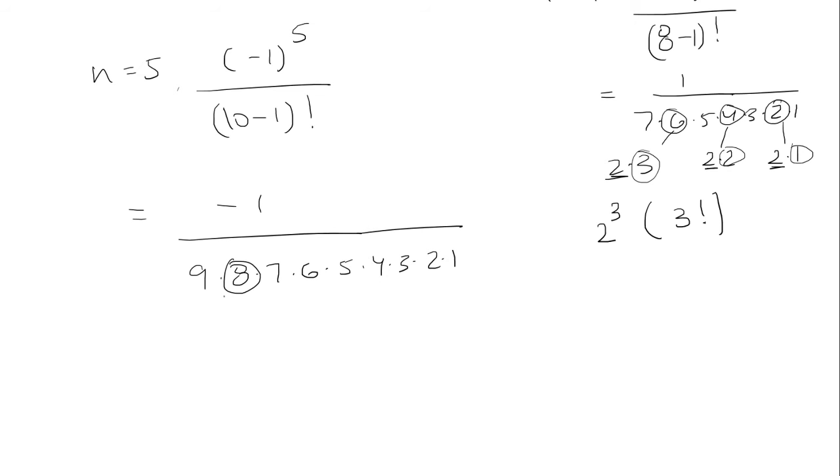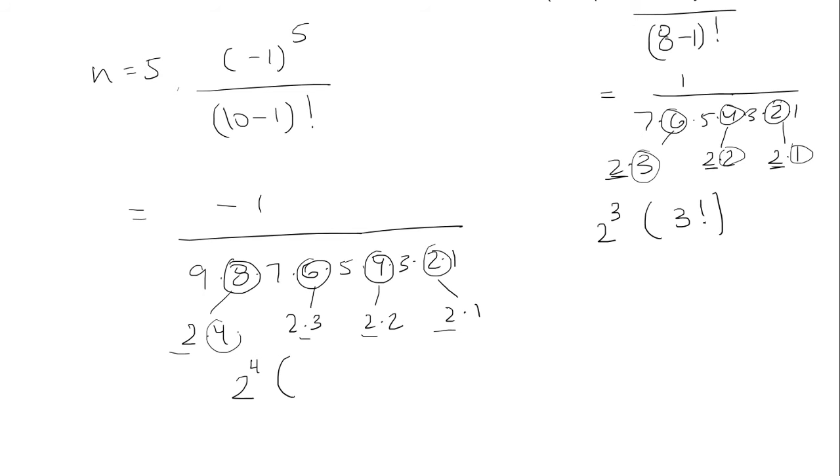So for 8, you can write this as 2 times 4. 6 as 2 times 3. 4 is 2 times 2. 2 is 2 times 1. They all have a 2 in common, so we can pull that out. That'll be 2 to the fourth. And then we're left with 4 times 3 times 2 times 1, which is 4 factorial.